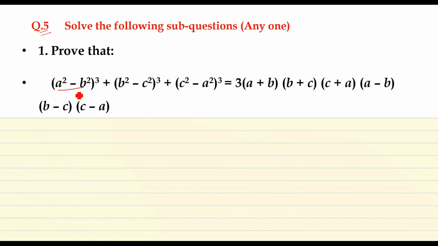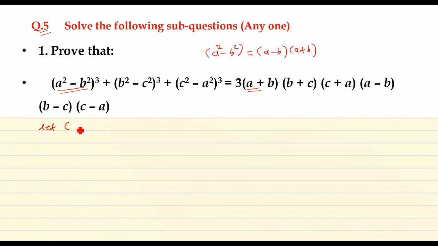You can see here we have a square minus b square and we have a plus b. So we are simply using the logic that a square minus b square can be written as a minus b times a plus b. So to prove this, what logic will I apply here?